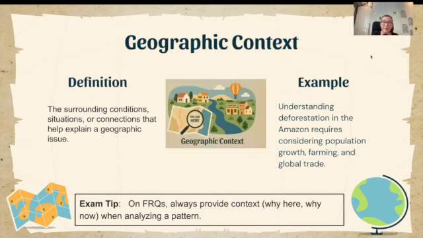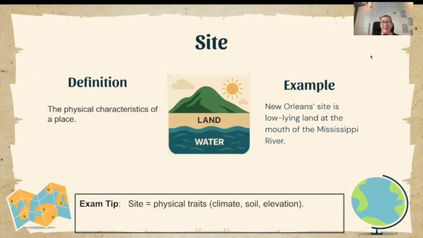Geographic context. The definition is the surrounding conditions, situations, or connections that help explain a geographic issue. For example, understanding deforestation in the Amazon requires considering population growth, farming, and global trade. So on FRQs, always provide context. Why here? Why now? When analyzing a pattern. Site. The definition is the physical characteristic of a place.